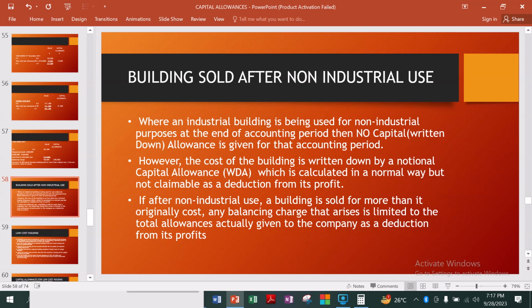However, the cost of building is written down by a notional capital allowance. You have to still calculate the capital allowance, because when you resume using it for the trade, you need to know how much is the income tax value. So that gap does not affect the writing down of the cost of the industrial building. It has to continue.